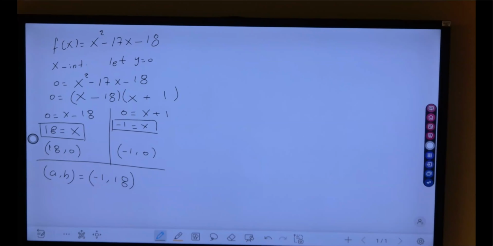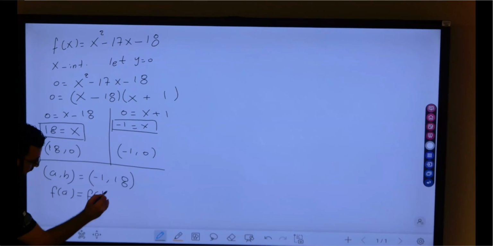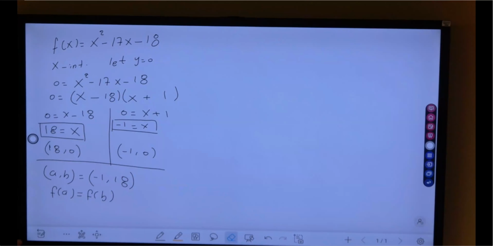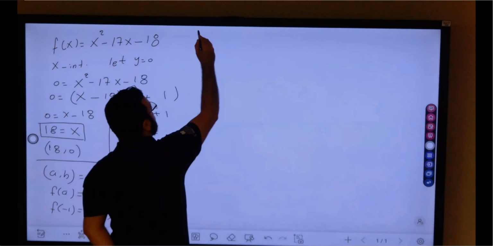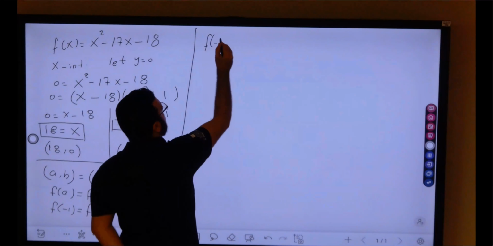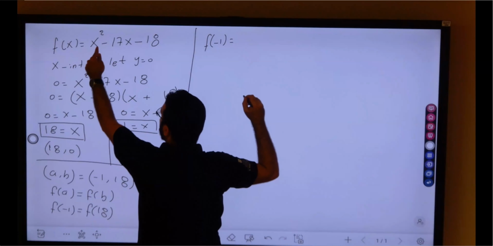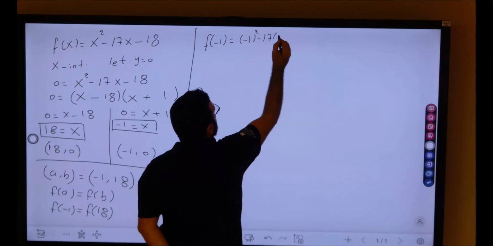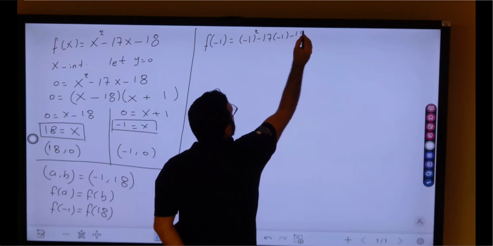Now, I need to satisfy which condition? The condition says f(a) equals f(b). That's what we need to satisfy: f(-1) is equal to f(18). Let's check that. f(-1) equals what? Plug in -1: (-1) squared minus 17 times (-1) minus 18.